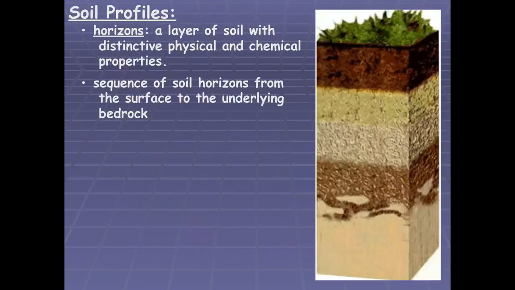So with what's in your soil and the different characters of your soil, soils can form all over the Earth's surface. And in terms of describing how that soil forms or what characterizes that soil, we use a characteristic called soil profiles. And soil profiles typically represent layers.